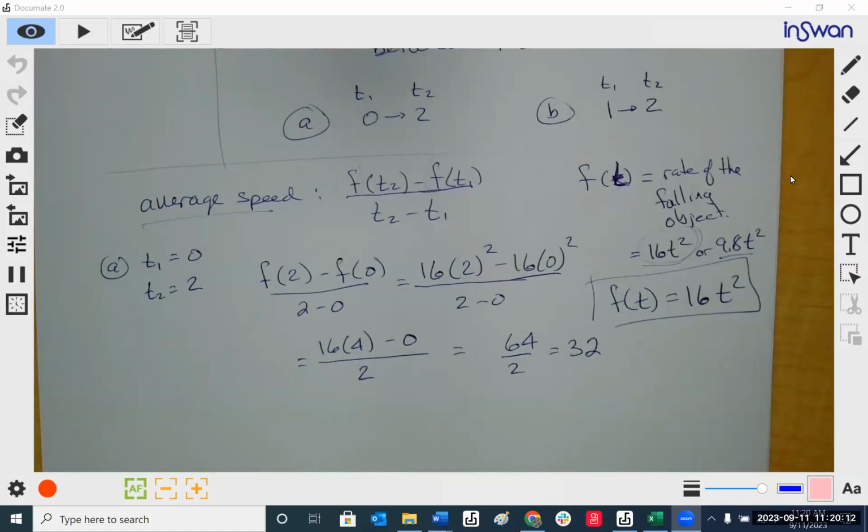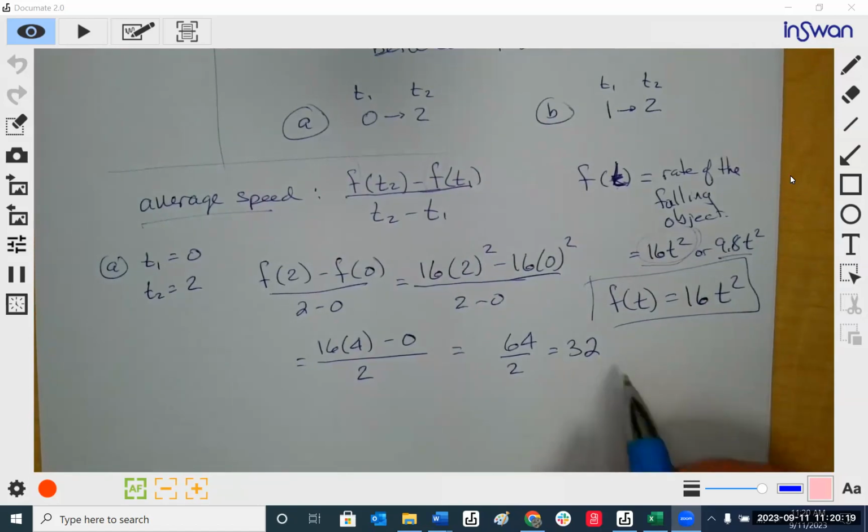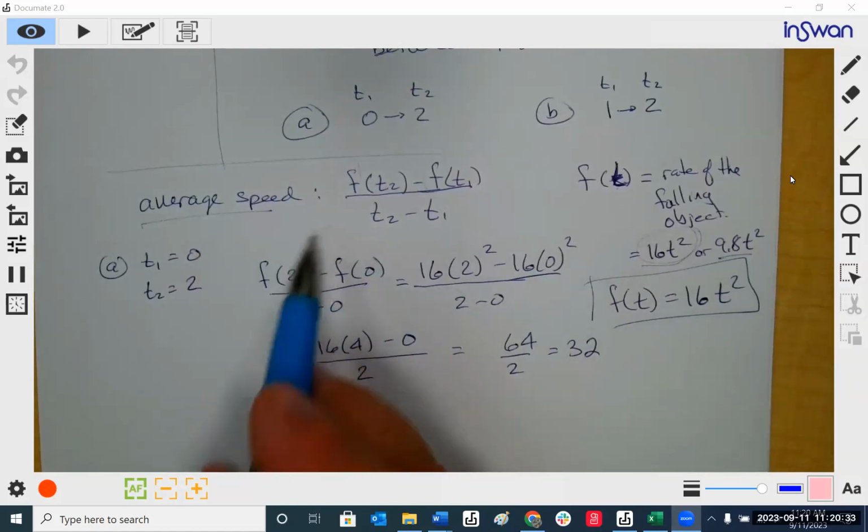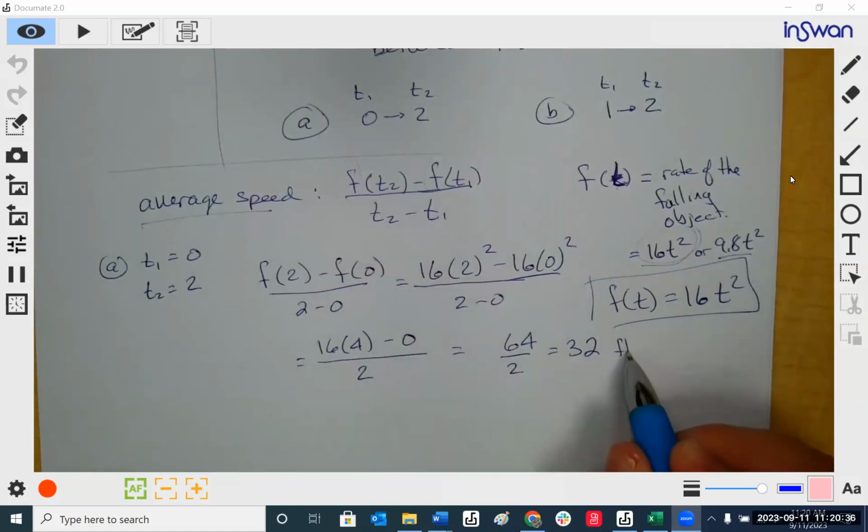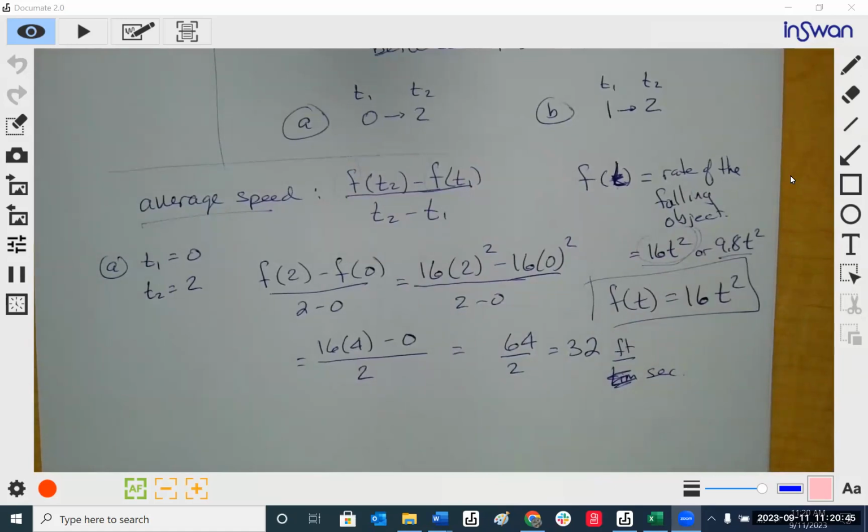What's important in physics? All your answers have to have what? Units. What units do we have? It's an average speed, so we know it's going to be feet over seconds, you're right. Is it squared or just regular?